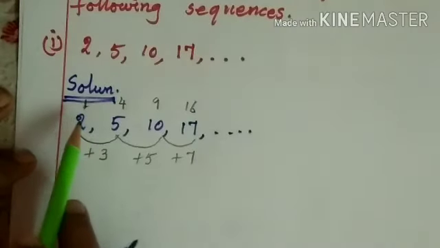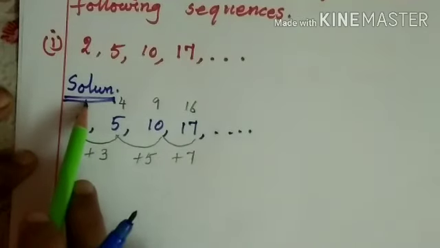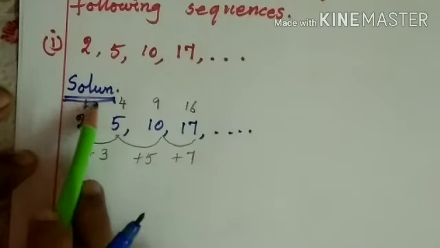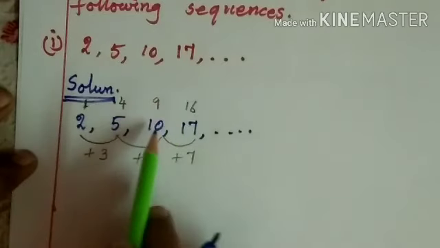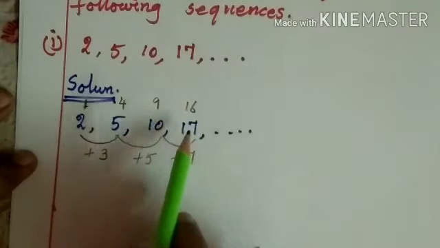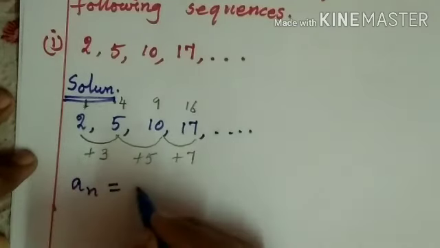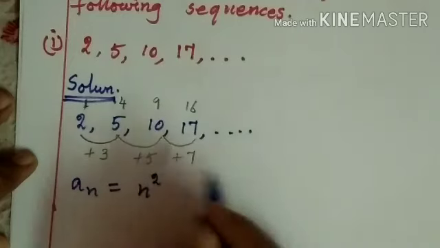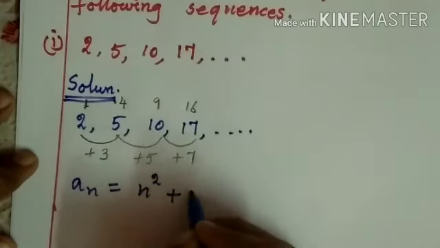Now you have to observe here, adding 1 to these square numbers gives the sequence, that is 1 plus 1 is 2, 4 plus 1 is 5, 9 plus 1 is 10, 16 plus 1 is 17. Therefore, the general term an is equal to n squared, square of natural number, plus 1.